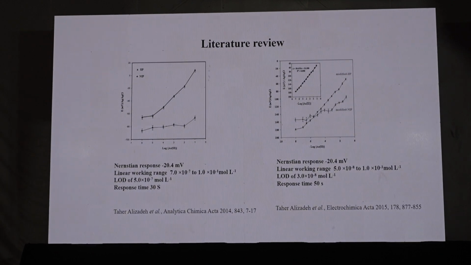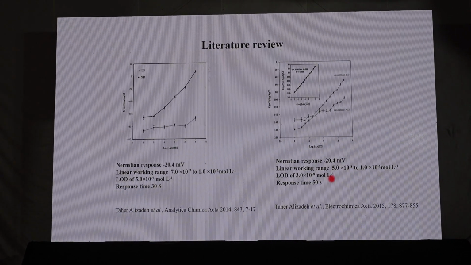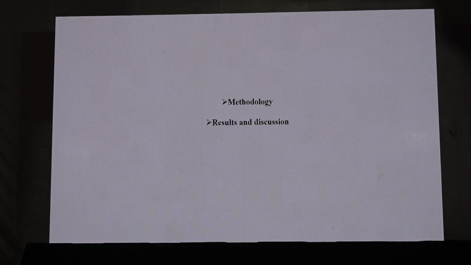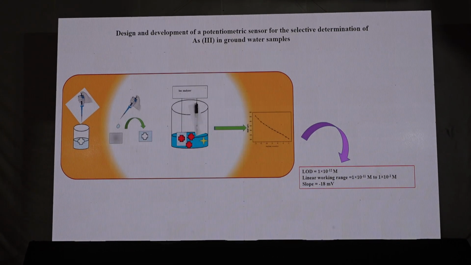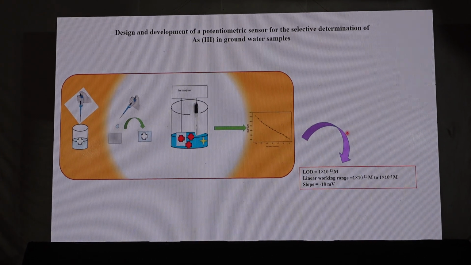The second one shows a linear working range from 5 x 10^-8 to 1 x 10^-1, with a detection limit of 3 x 10^-8 moles per liter. We selected a solid contact based potentiometric sensor for arsenic using a flexible, low cost, lightweight carbon core as the solid contact material.